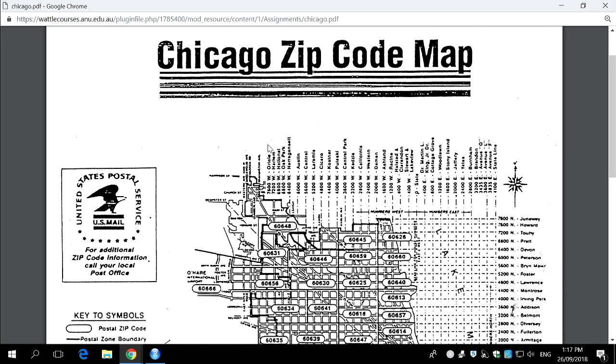Now, I don't expect complex uses of the map. And if you don't use the map at all, you can still get an answer that's decent. But if you can think of a way to use the map, and you can do something a bit creative with it, then that could work out well.